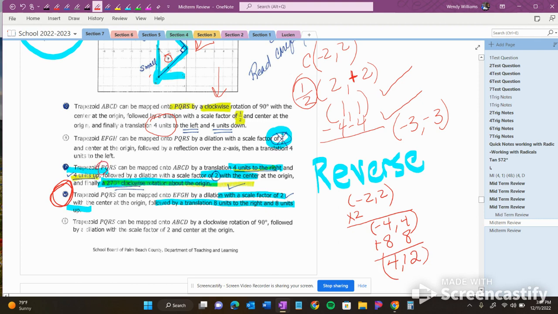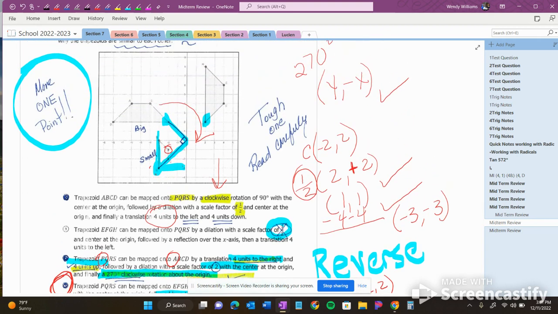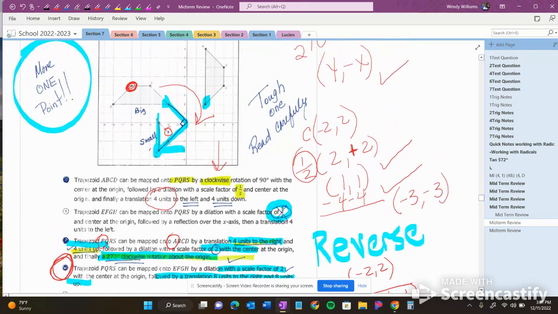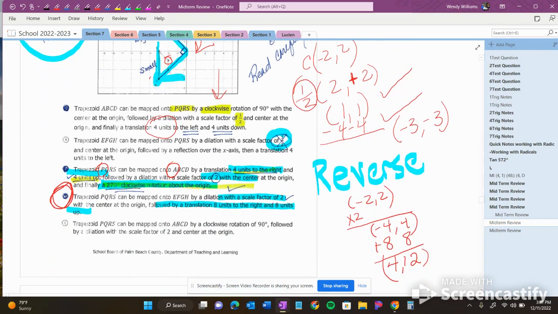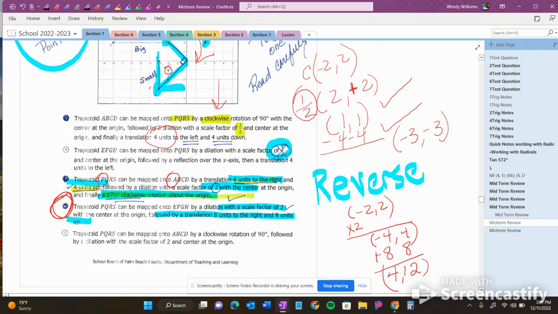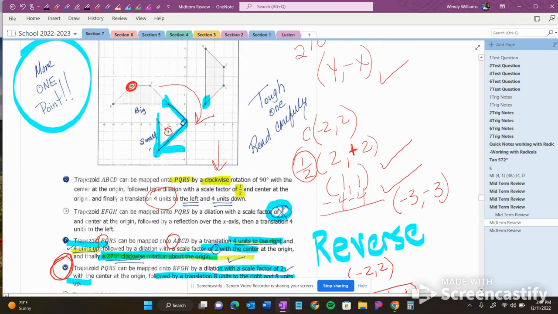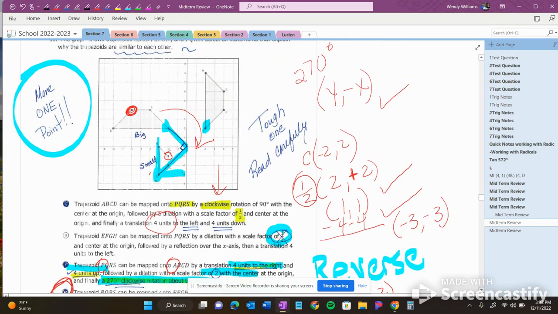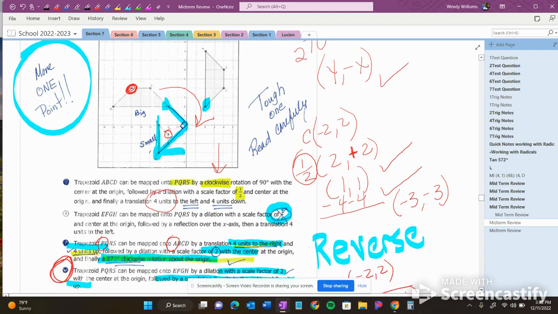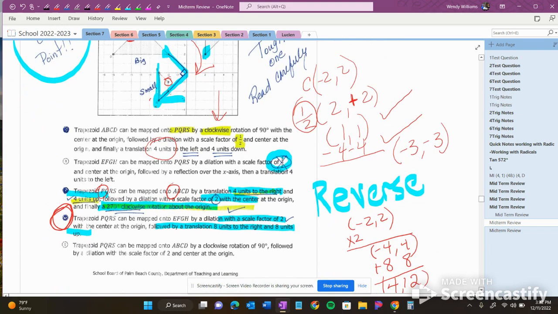And P coordinates with A. So if we look, A is located at 4... I have to redo that one, make sure the answer key is correct.